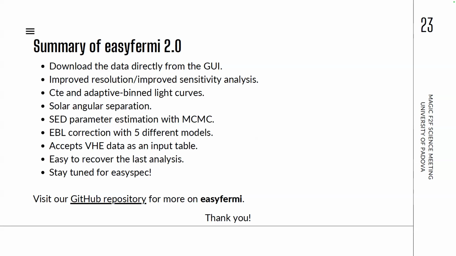We estimate the spectral parameters with Markov chain Monte Carlo. We can do EBL corrections with 5 EBL models. We accept very high energy data as an input. It's very easy to recover your past analysis, just go in the menu and load the state. And stay tuned for easyspec. That's it.